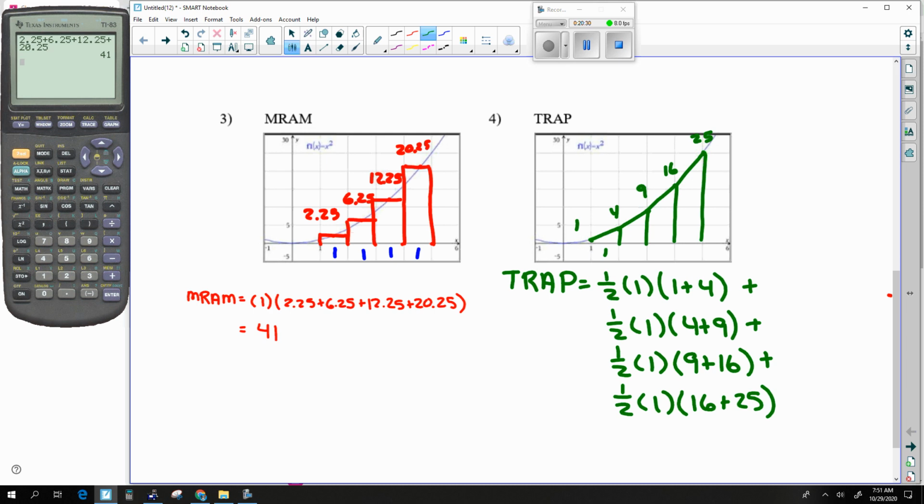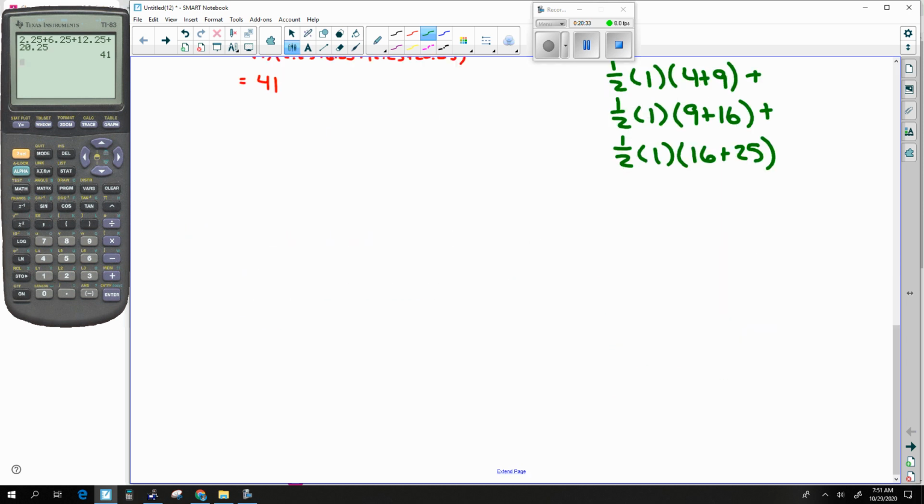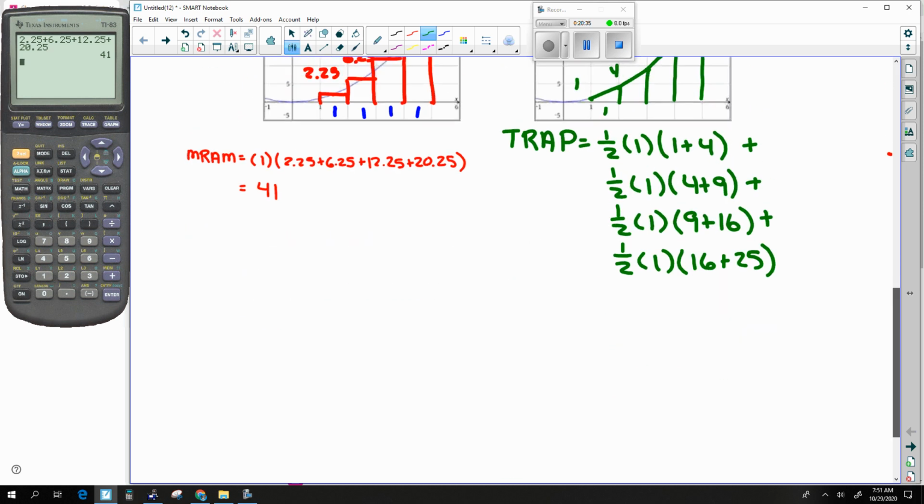All right, now there's several different tricks that you can do when doing the trapezoid to make this process easier. Like the rectangles, the height has to be consistent. If you do not have a consistent height, you cannot do this trick. So say you did have different heights. What I would still do is GCF out a 1/2.